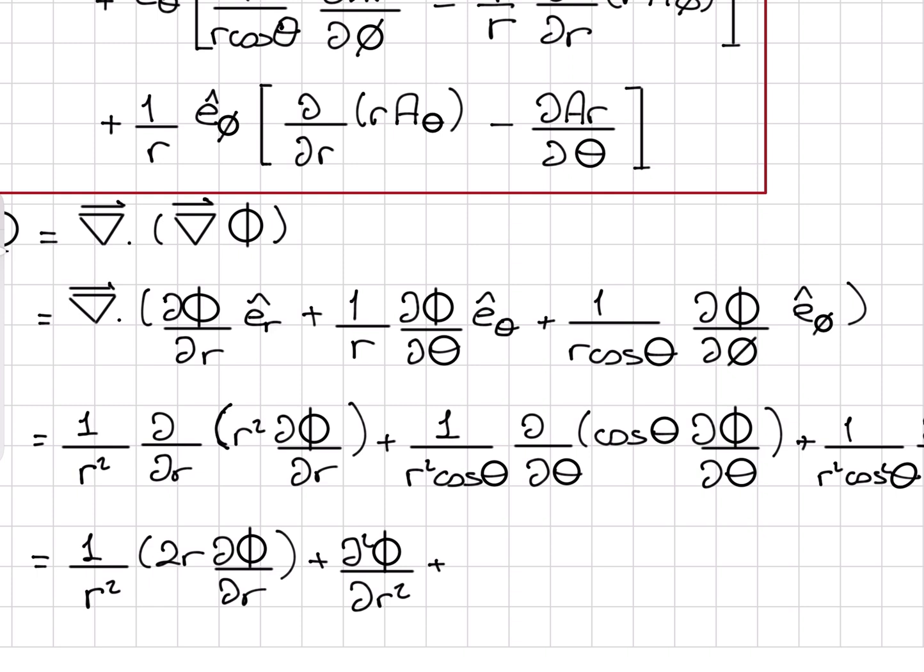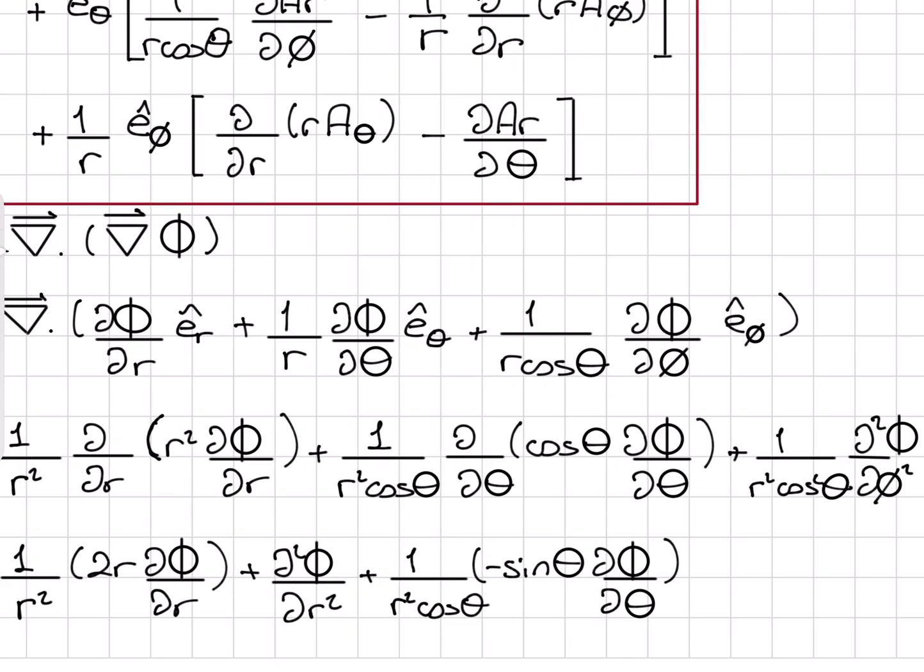Therefore, I will have 1 over r squared cosine theta times minus sine theta del phi del theta. And then I'm going to leave cosine theta alone, which means these will cancel.